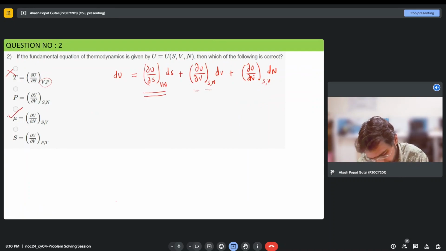So this should be correct because the second option seems to be correct, but it's an internal pressure. And the most appropriate answer is C, the definition of chemical potential.